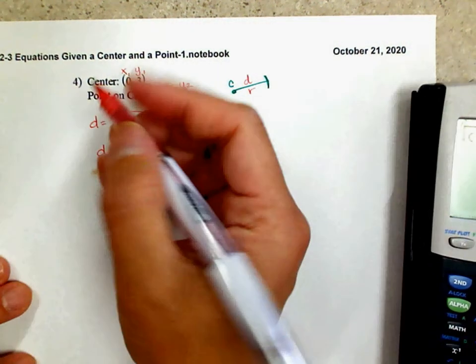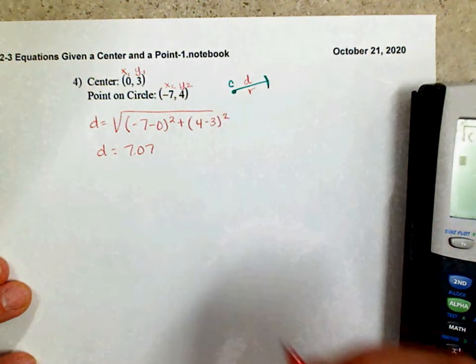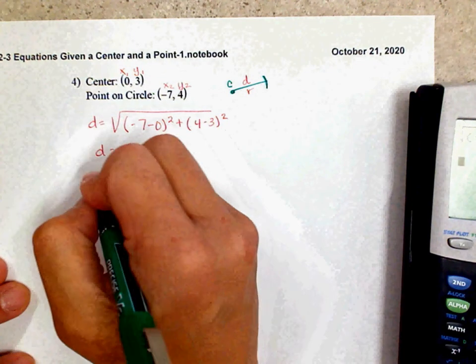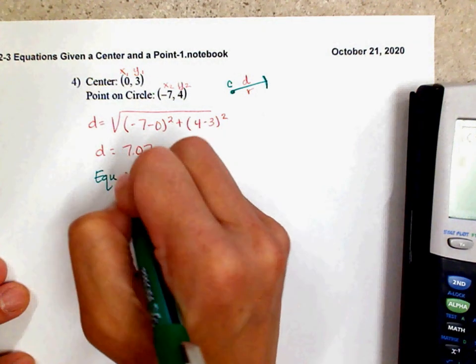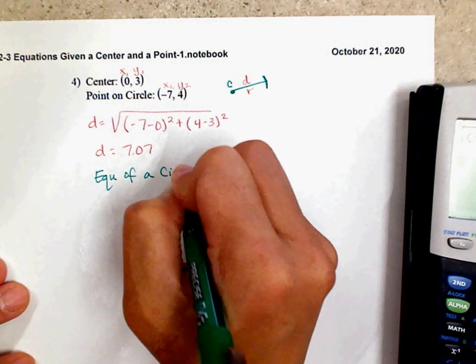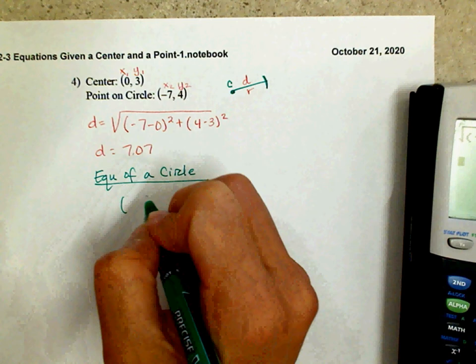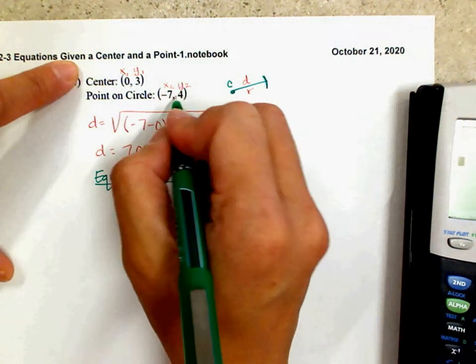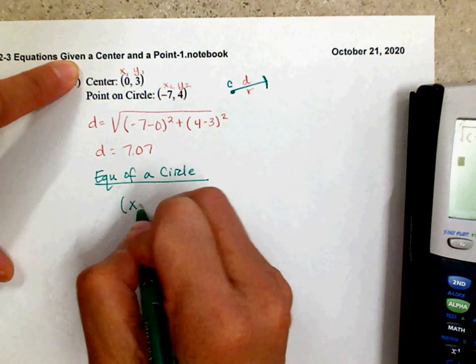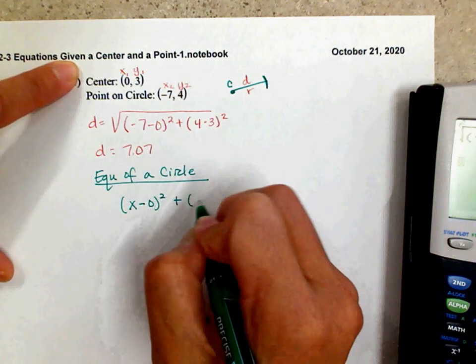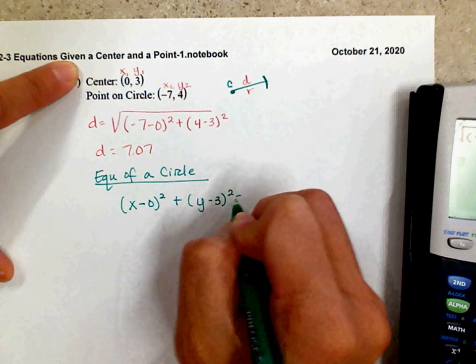Okay. We're going to use that to find our equation of a circle. So, here's your center. Make sure you don't use this point, you use the center. X minus 0 squared plus y minus 3 squared equals 7.07 squared.